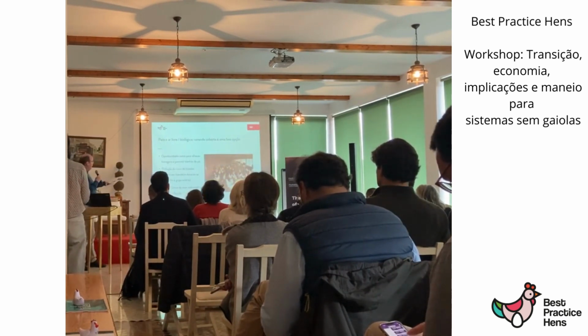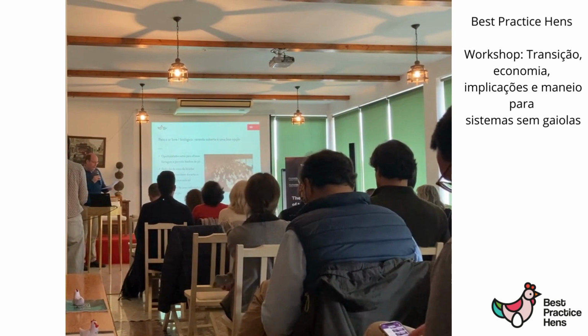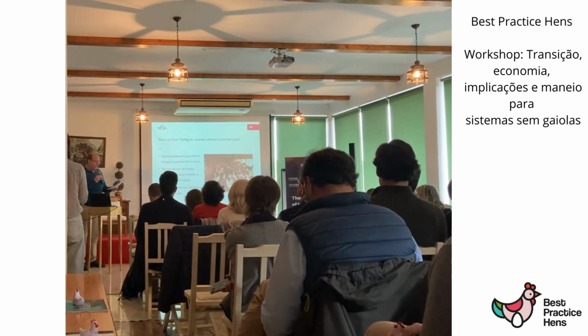And this is an example of a large house with a covered veranda next to it as a sort of transition from the house to the free range. Usually it's very much appreciated by the birds. It's used a lot for foraging, for dust bathing, to be active. And it's been shown to reduce the risk of injurious pecking.